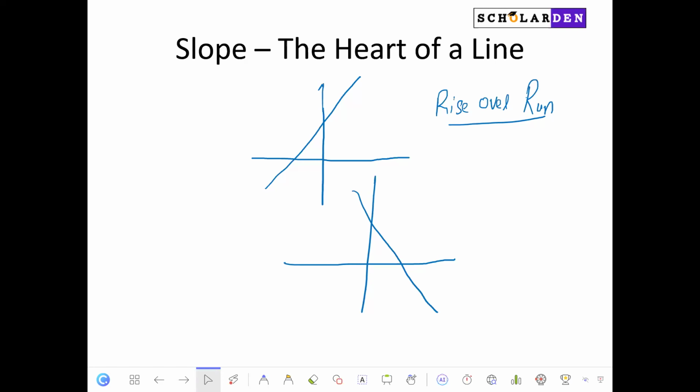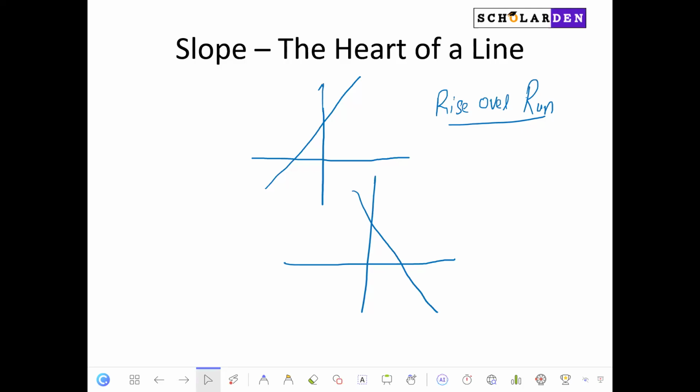So how much it changes along the y-axis corresponding to how much it changes along the x-axis, this is the gist of it. If we were to calculate the slope, we want to find out how much a line changes along the y-axis, divided by how much it moves along the x-axis.